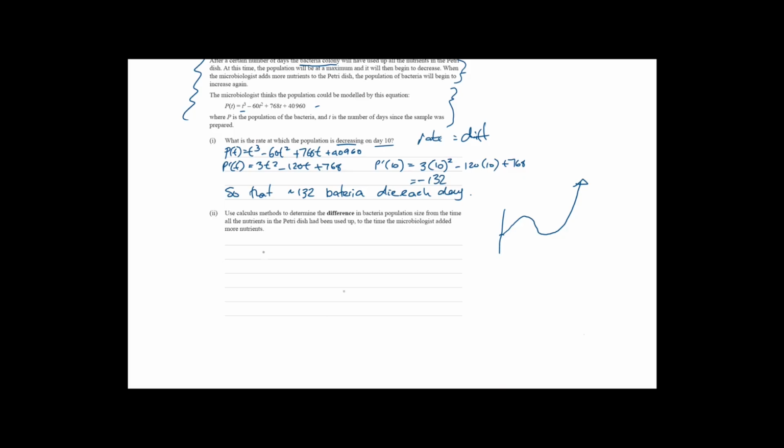So we're going to take this first derivative and we're going to set it equal to 0 to find out what the turning points are. So 3t squared minus 120t plus 768 equals 0. And I think these are all going to be multiples of 3, aren't they?